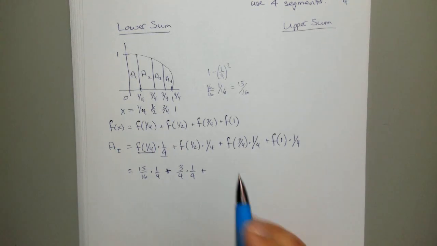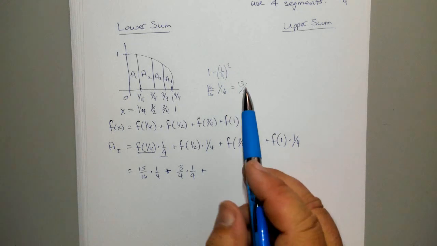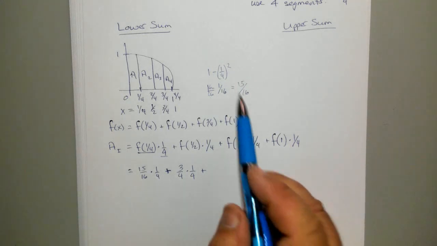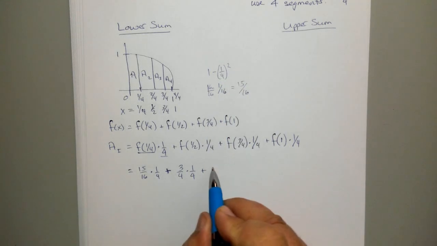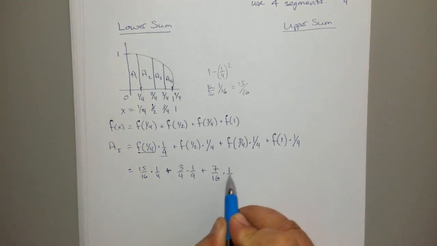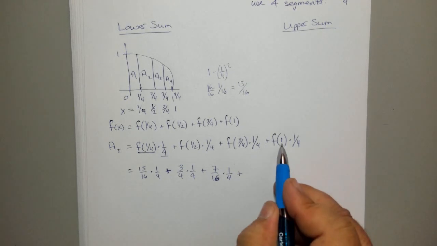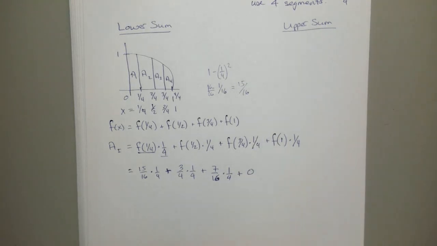Then 3 over 4 squared is 9 over 16. 16 minus 9 is 7 over 16. At 1, 1 minus 1 is 0.